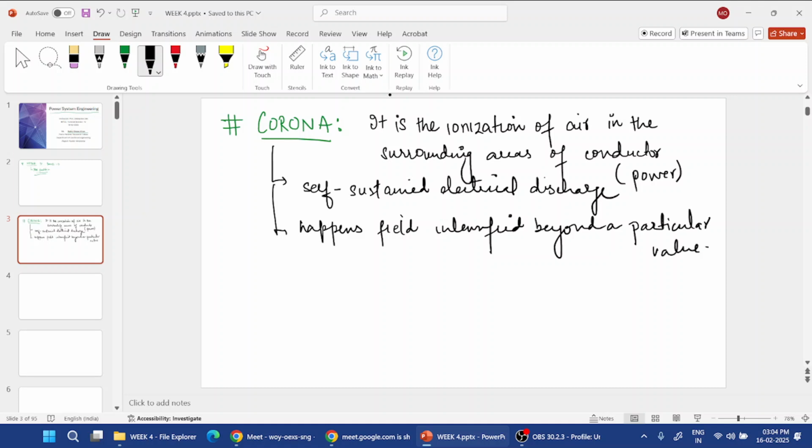This value is generally known as critical voltage. We will derive that equation here.